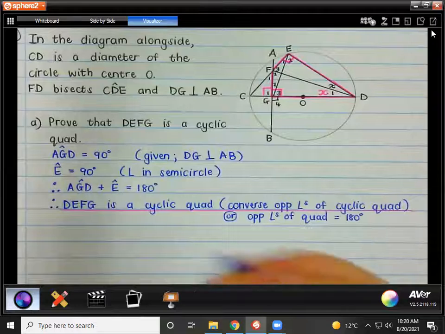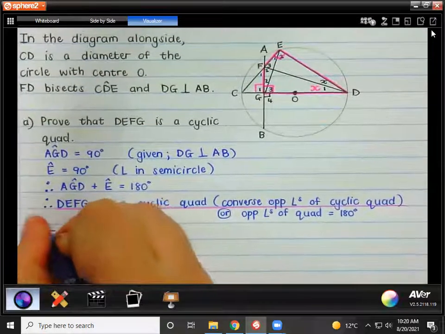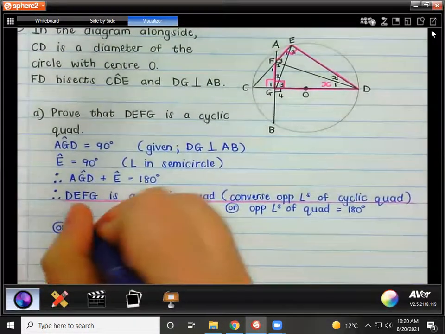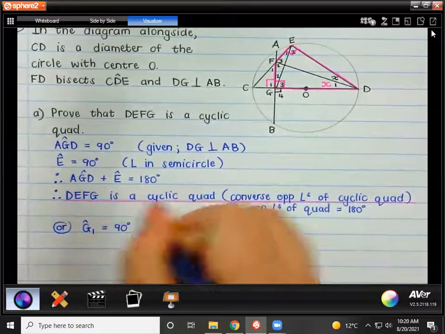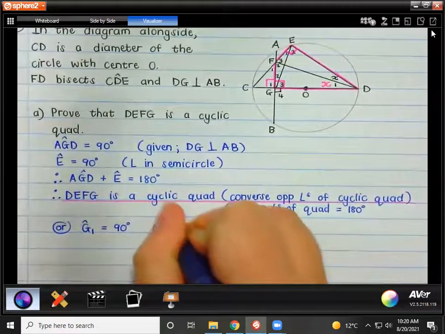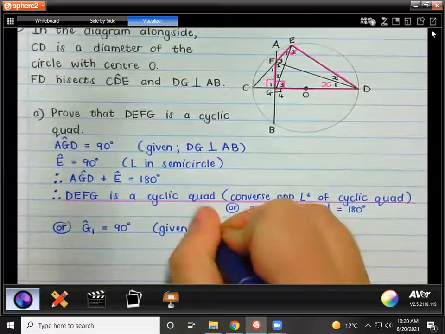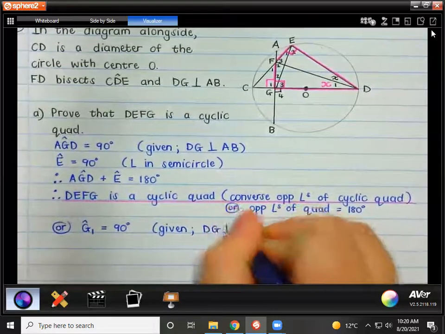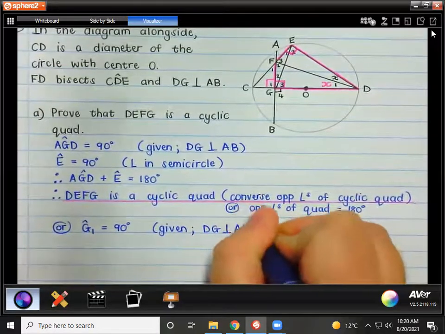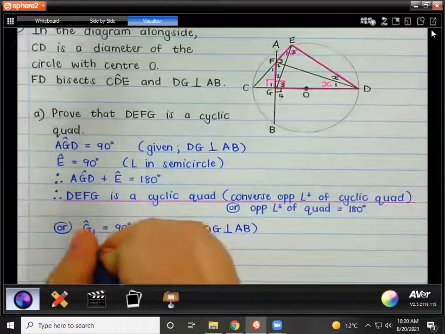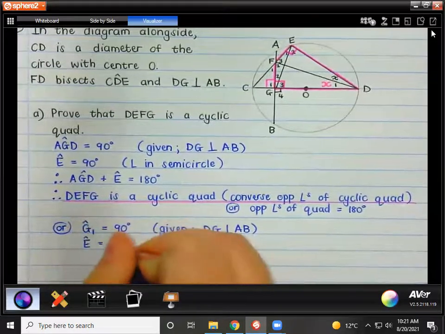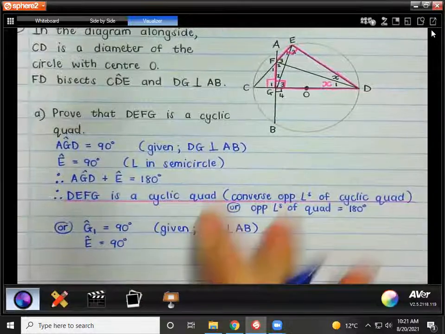So let's write here, or G1 equals 90 degrees. Same reason as above. Again, you wouldn't have to state this. It's just a reminder of where that's coming from. And you would have to say that E is also equal to 90, because this is now like an alternate solution.